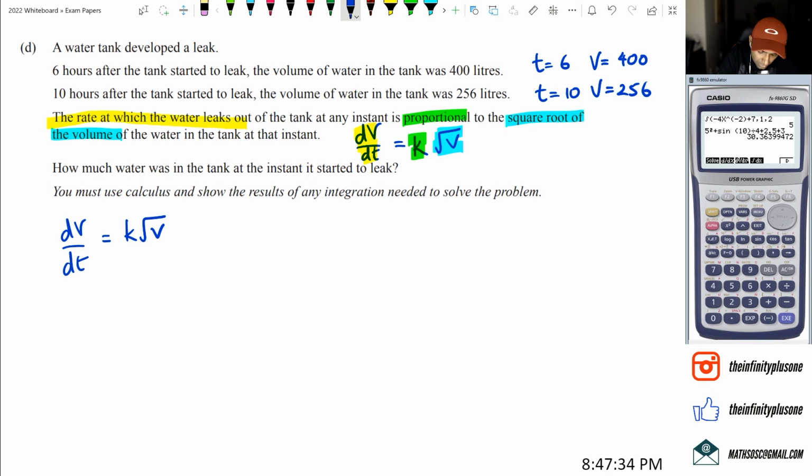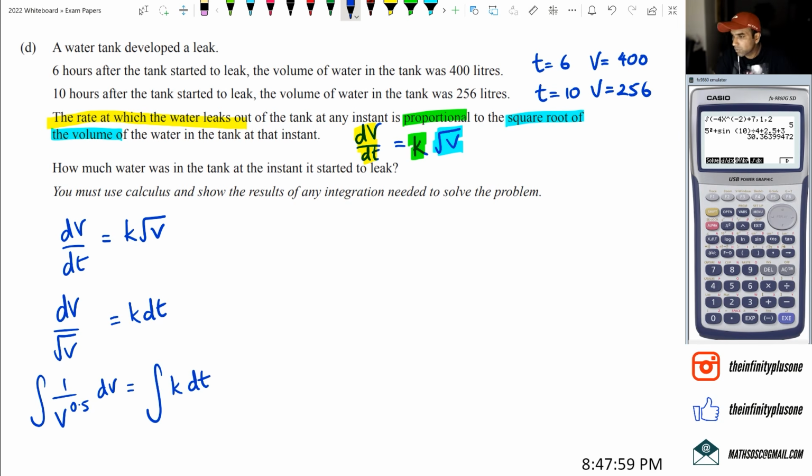So this will look like this: dV over square root of V is equal to k dt. So dV over square root of V can be written as the integral of 1 over V to the power of 0.5 dV, equal to the integral of k dt.